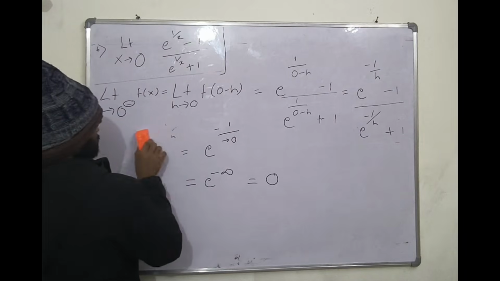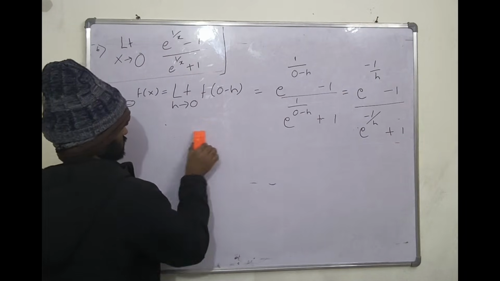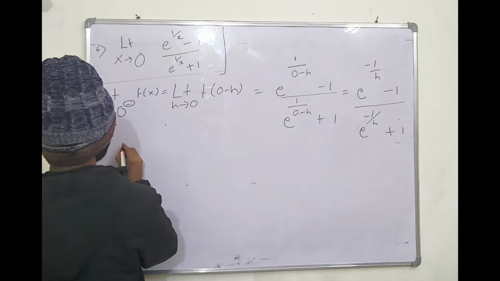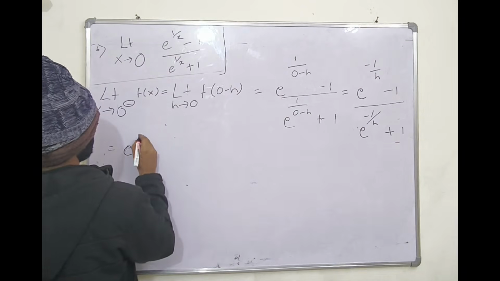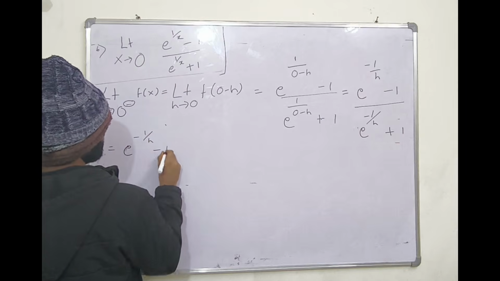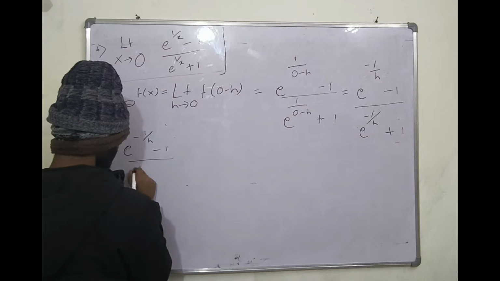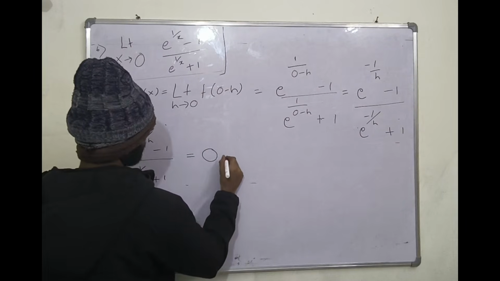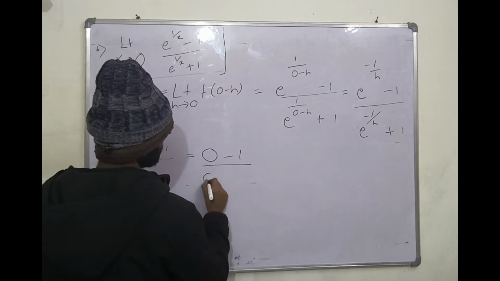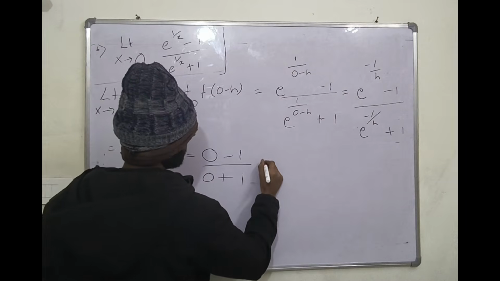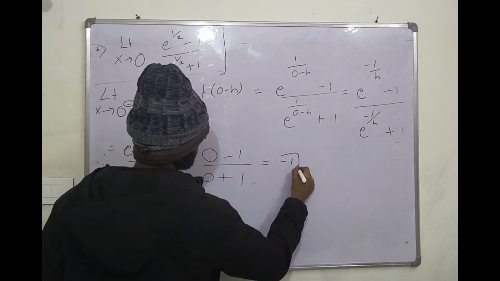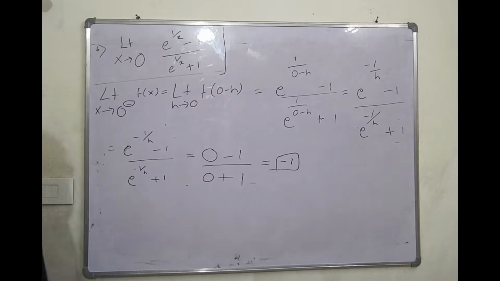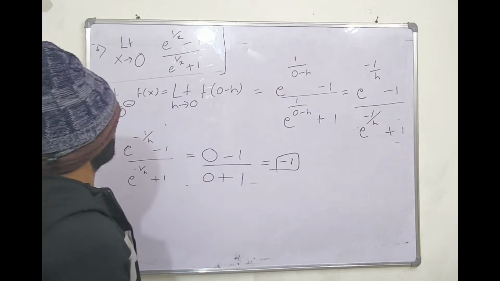Then (e power minus 1 by h minus 1) by (e power minus 1 by h plus 1) equals (0 minus 1) by (0 plus 1), which is minus 1. Clear? Good.